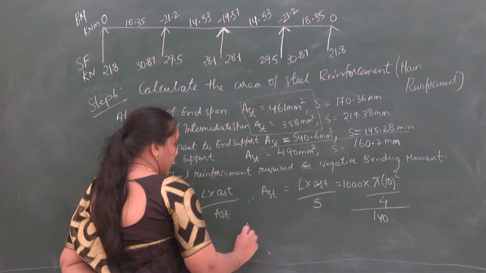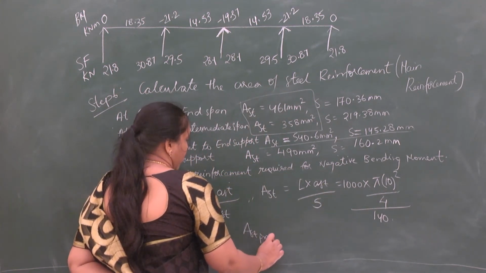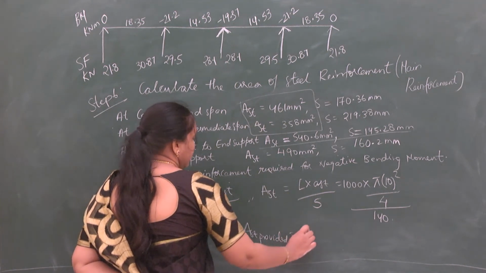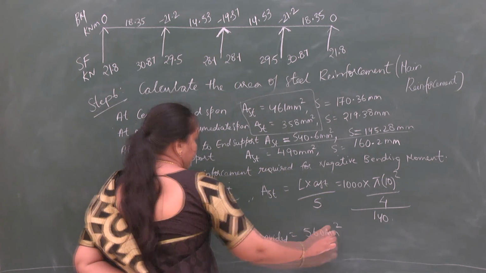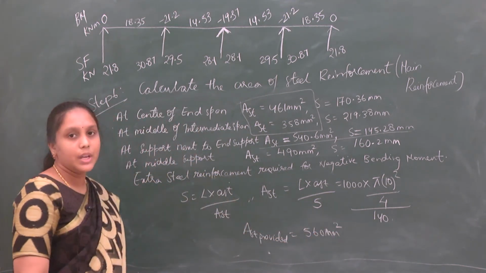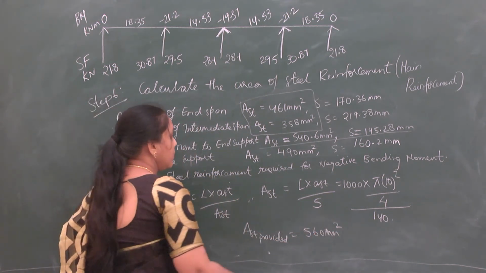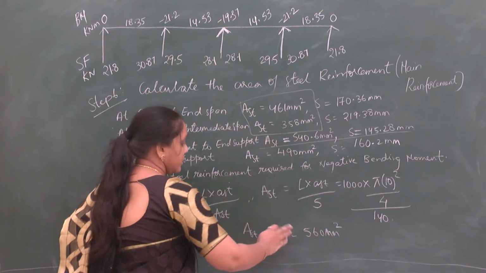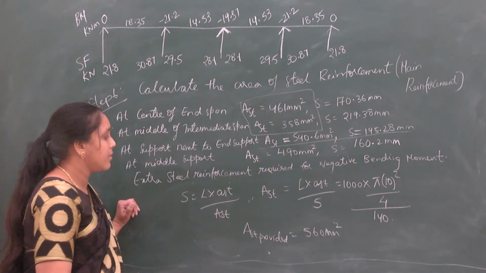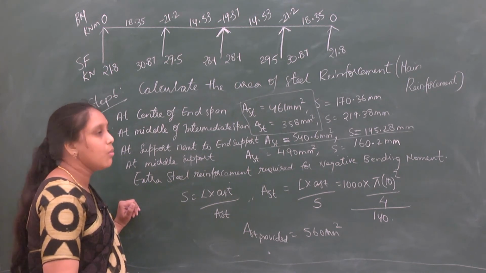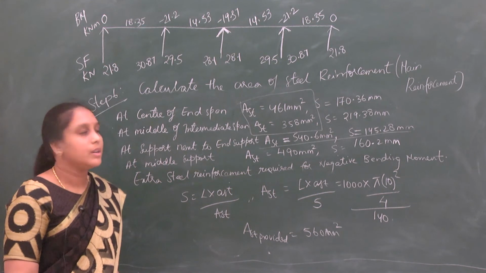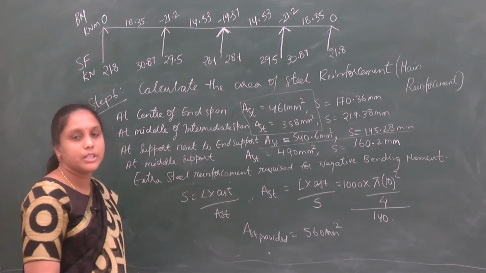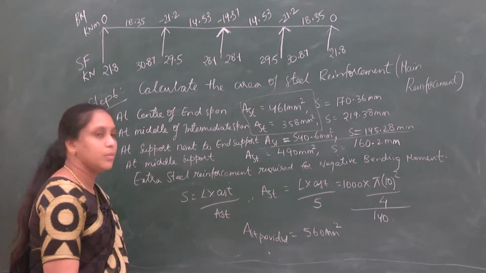So from this we get the AST provided, which is 560 mm square. Now this is the required area and this is the provided area, which is 560 mm square. Now we have to calculate the extra steel reinforcement for the negative bending moment.